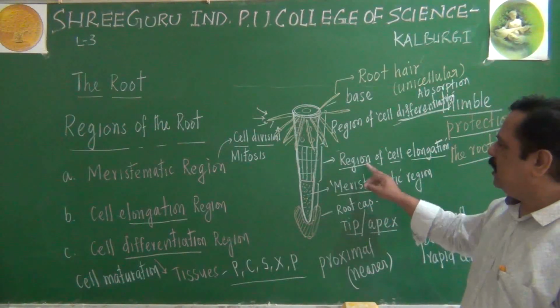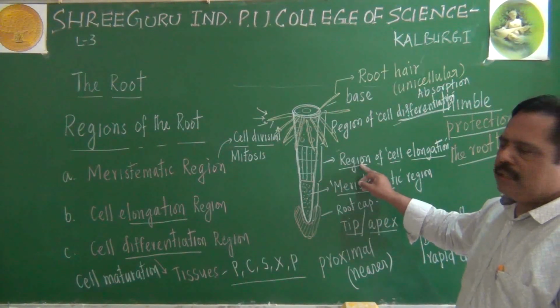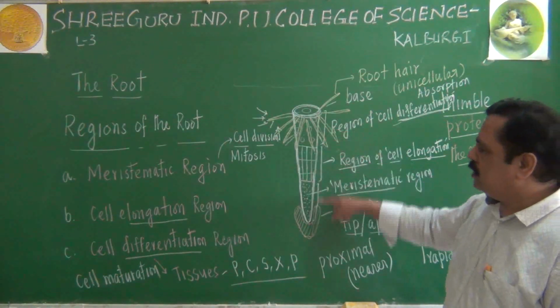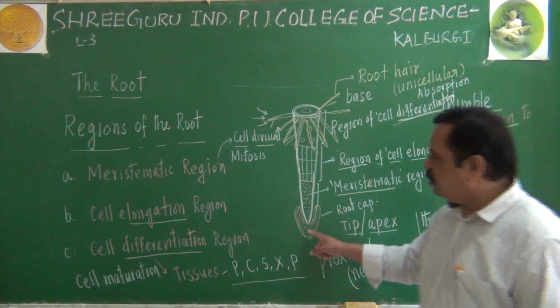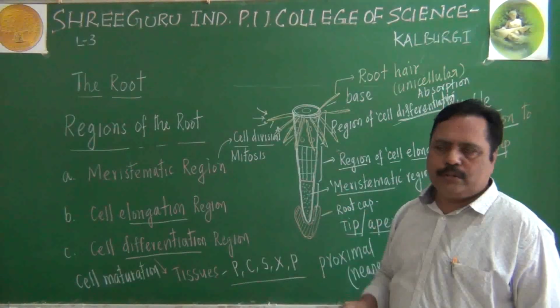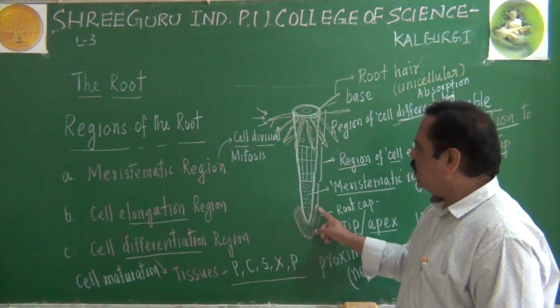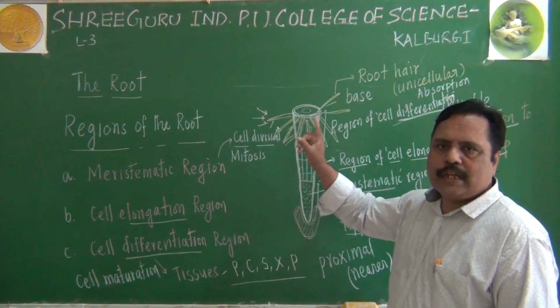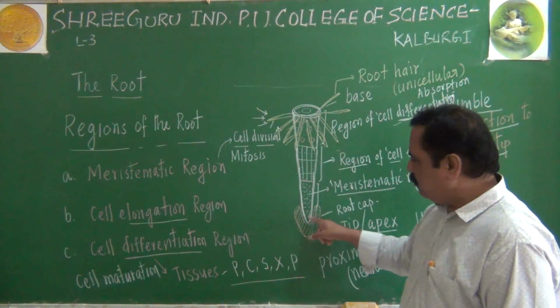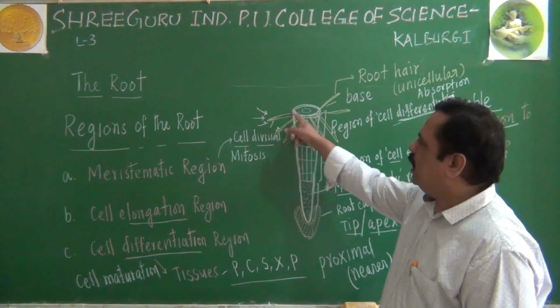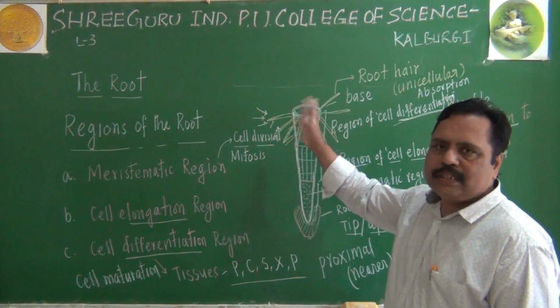In addition, I told you about 2 more parts. One is called root cap, another is called root hair. While the root cap protects the root tip, root hairs are present in the root base.